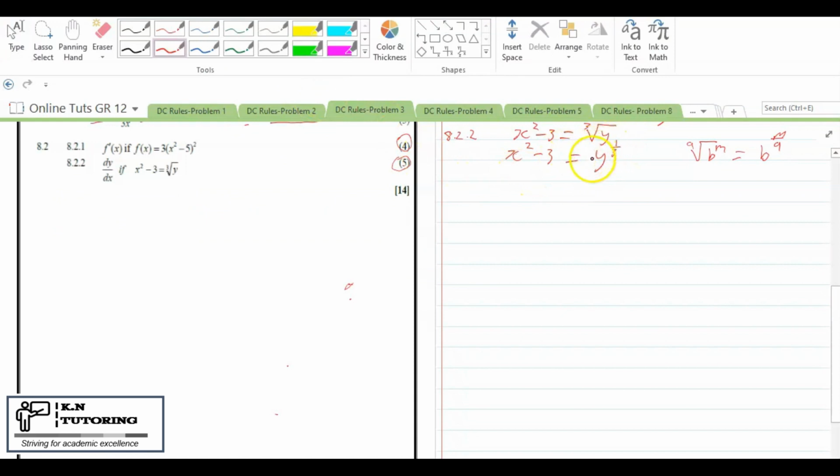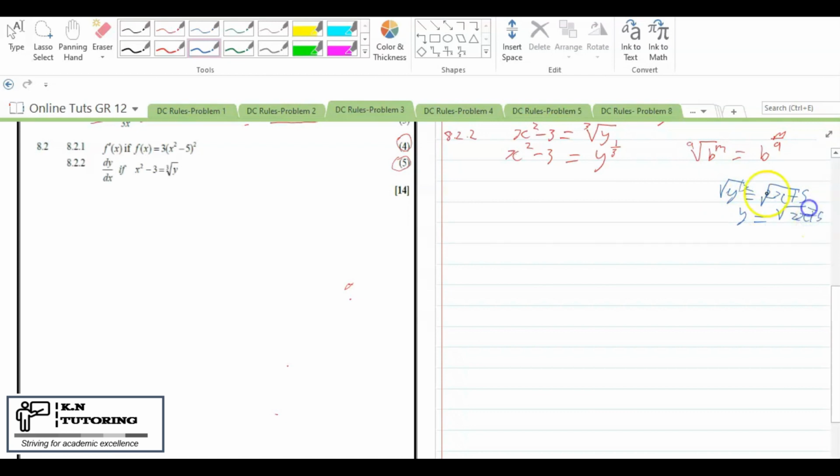Now, remember I want to make y the subject of the formula. Now the question is, how do I get rid of this 1 over 3 at the exponent? Remember if it was y squared is equal to 2x plus 5, I was going to apply square root on both sides, and the square root will cancel the square, y is equal to the square root of 2x plus 5.